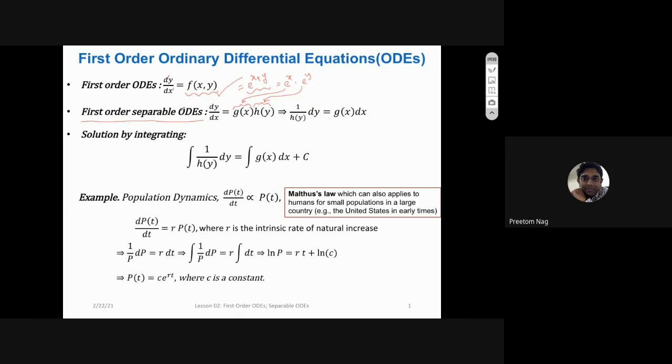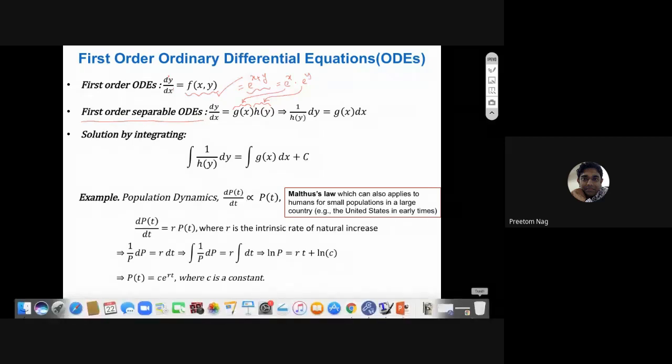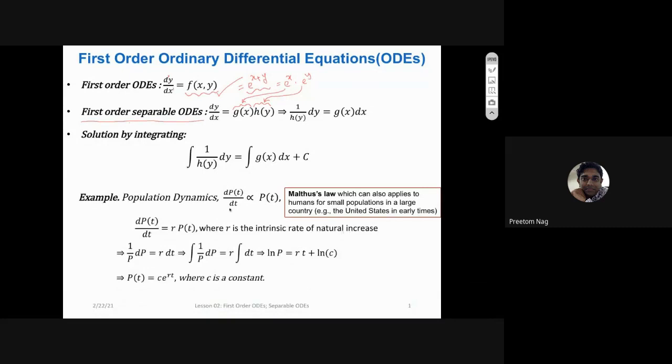As an example, আমরা last class population dynamics এর একটা problem show করেছিলাম that the rate of change of the present population depends on the current population. Okay, that means rate of change of population depends on the current population, which is called the Malthusian model. Okay, so dp by dt is proportional to p(t). So if I consider here the proportionality constant, which is the increasing rate of population, right?